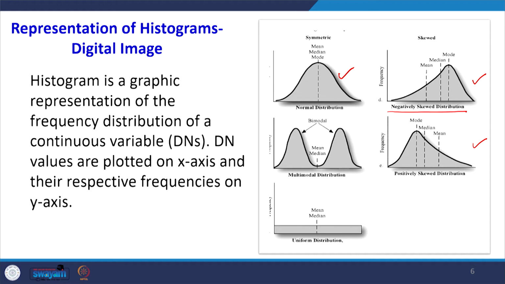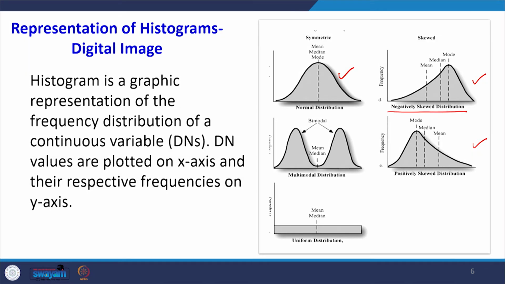The examples could be snow, bare soil, etc. But on the other hand, in the positively skewed distribution, where we have the peak towards the lower side, that means most of the DN values are low and there is absorption by those features. So, we have examples like water, forest area and wet soil. They will give me very dark values.